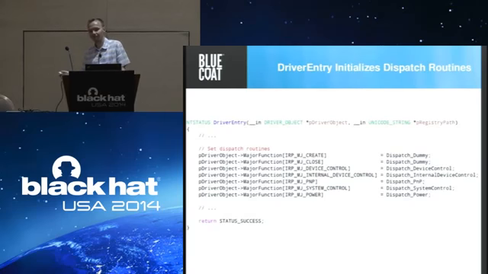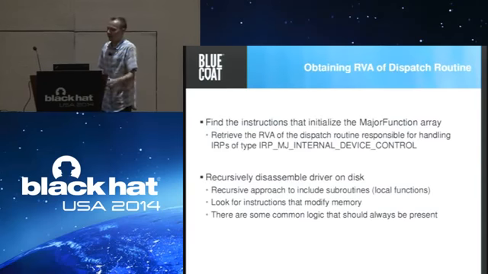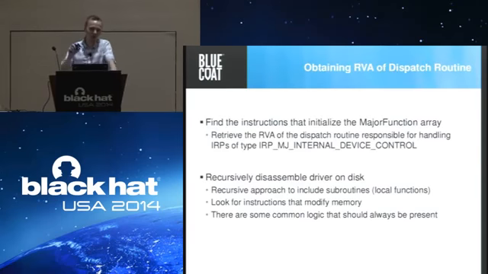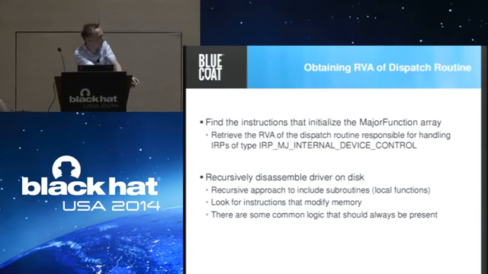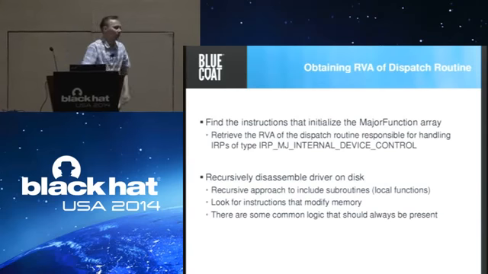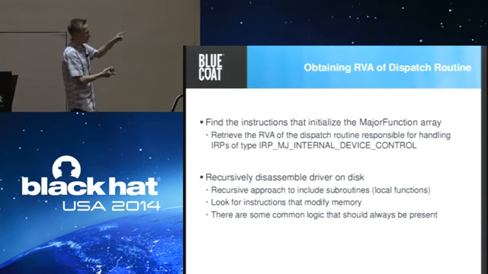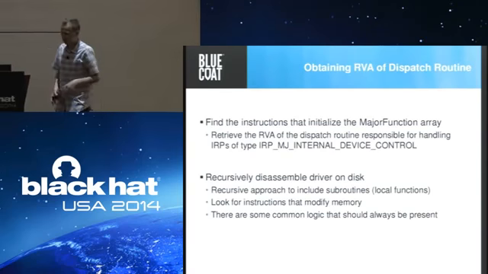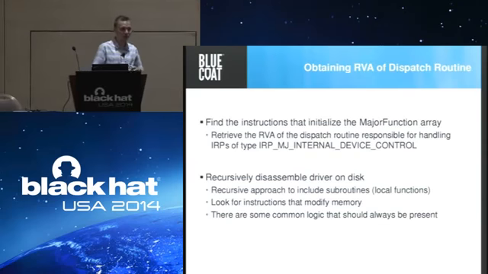So how do you find them? Our approach for doing this is to search for the instructions within the binary itself that initialize the major function array. If you manage to find these instructions that basically implement what I showed you in C, we do disassembly on them, and you can actually retrieve the RVA of the dispatch routine which we are looking for.